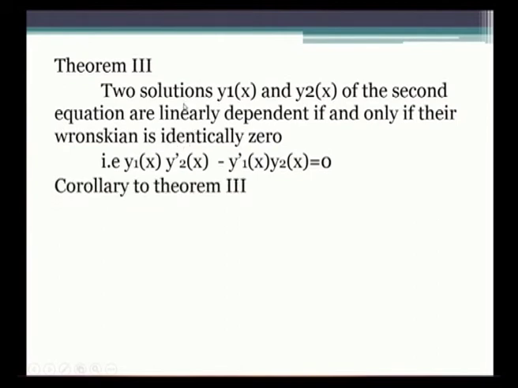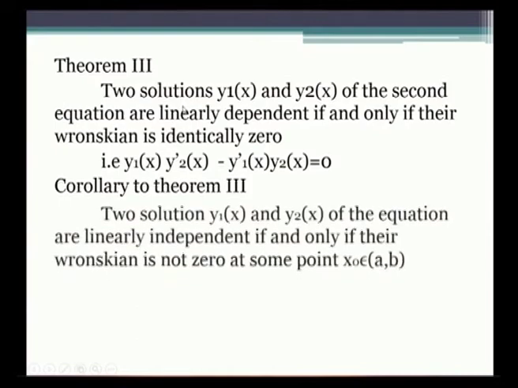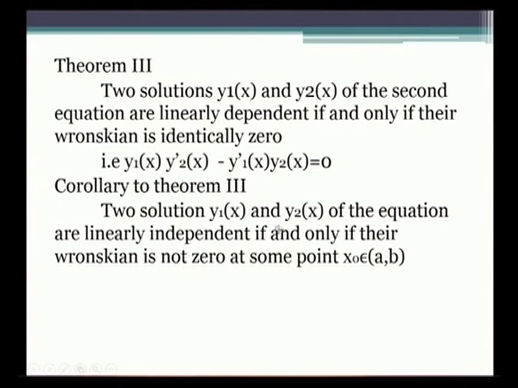The corollary to Theorem 3 says that two solutions y1 of x and y2 of x of the equation are linearly independent if and only if their Wronskian is not 0 at some point x naught, where x naught belongs to the interval a comma b. So, Theorem 3 talks about the linear dependence of two solutions.